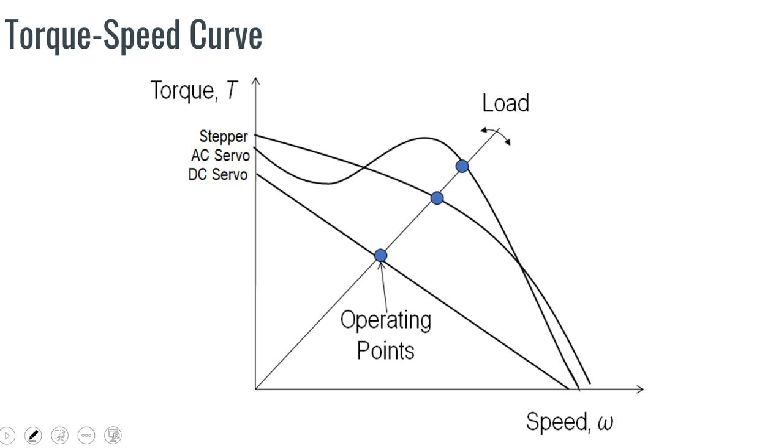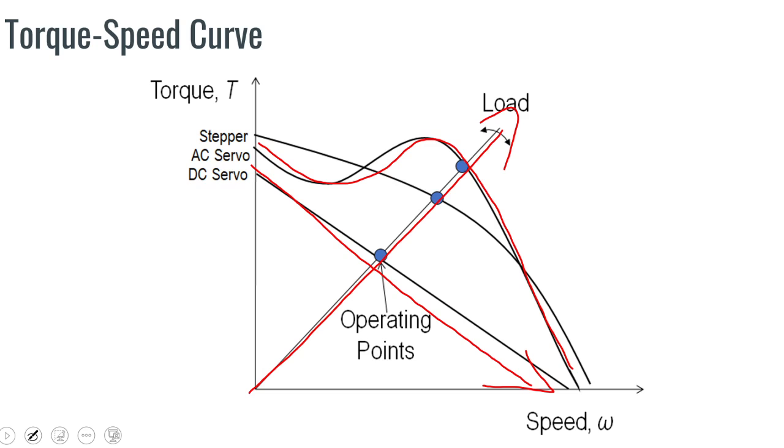If we keep on increasing the load, a DC servo motor has a very linear change, whereas an AC servo motor has a slightly different change, it will dip, and there is a different point where it will meet the load.